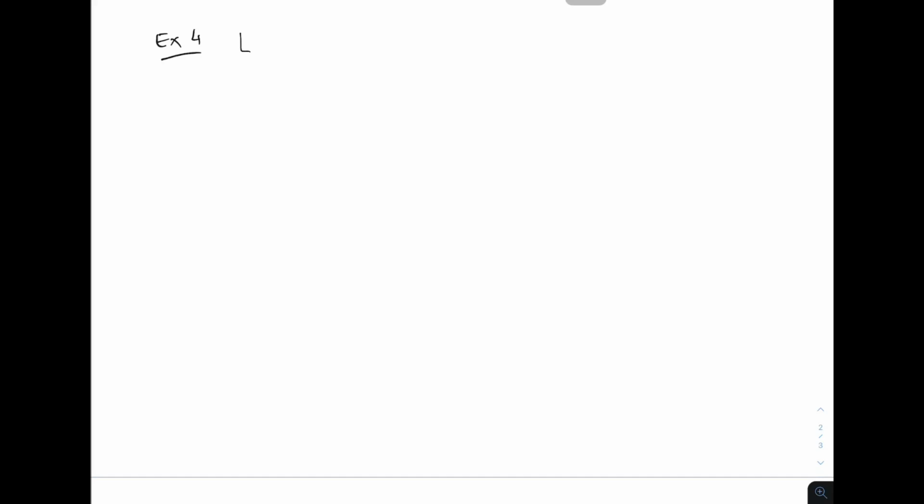Find the Laplace transformation of cosine 3t into cosine 2t.